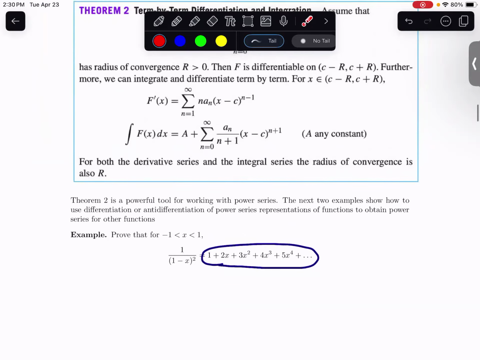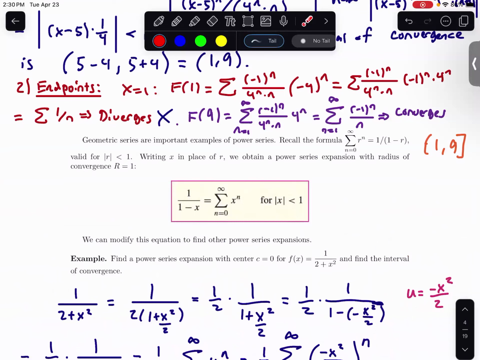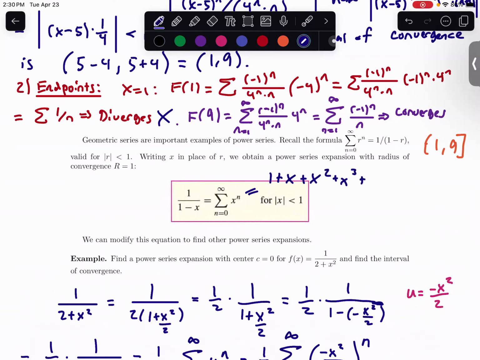Yeah, so we're taking a derivative, right? If you look at the power series that we were looking at before, we know the power series of 1 over 1 minus x is the sum of x to the n. Writing this out explicitly, this is equal to 1 plus x plus x squared plus x cubed plus x to the 4th forever. And if we took the derivative of this function, this would be equal to 1 plus 2x plus 3x squared plus 4x cubed, and so on and so forth.